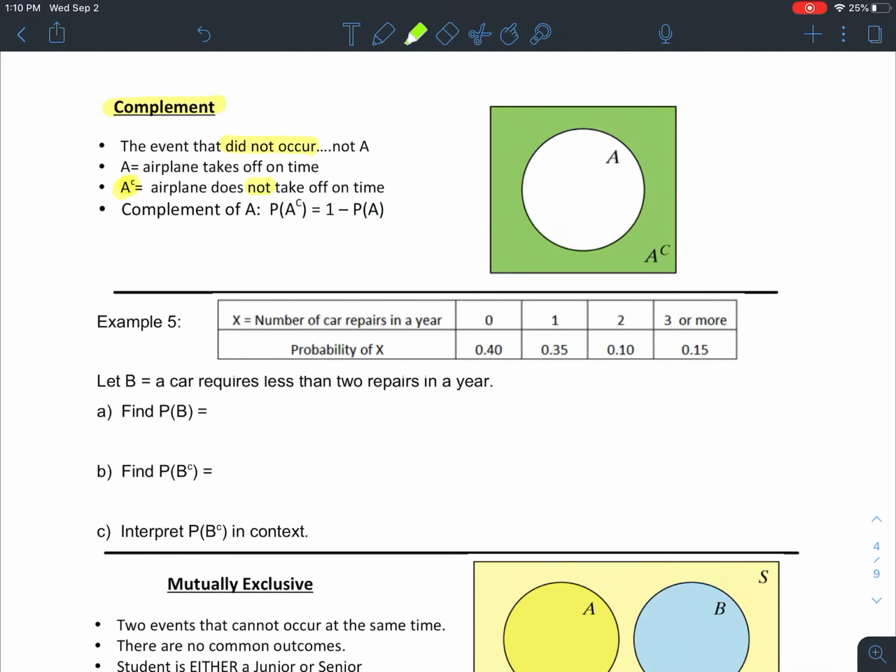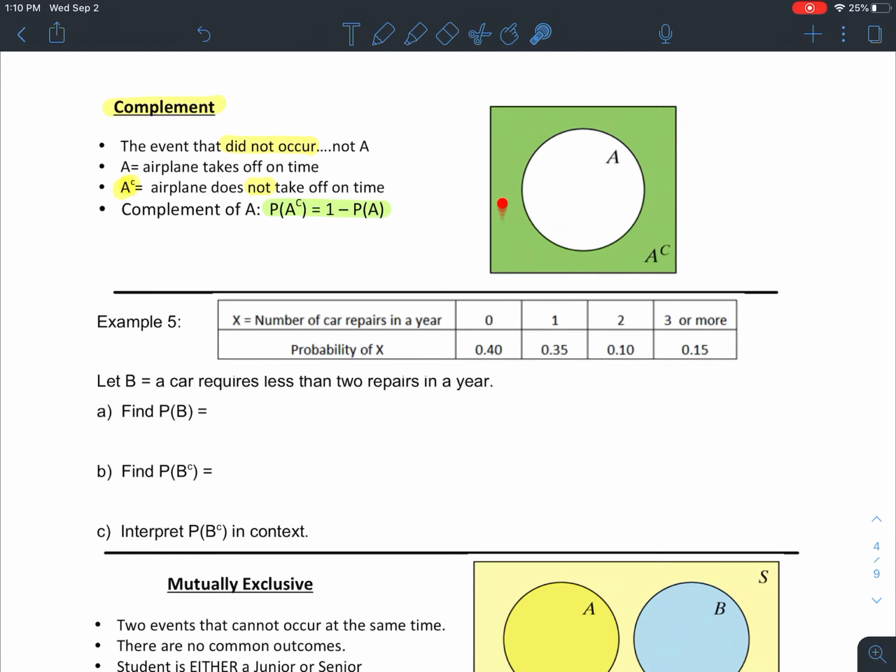A to the c means that the airplane did not take off on time. So the probability of A not happening is equal to 1 minus the probability that A did happen.